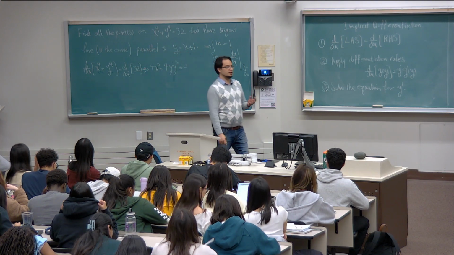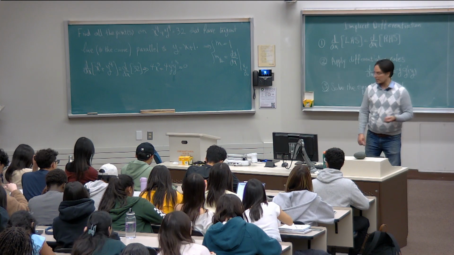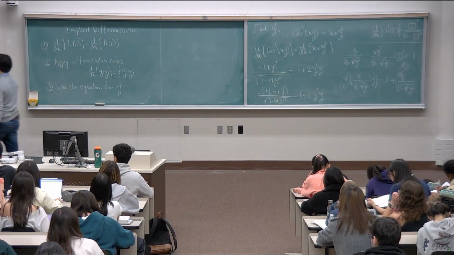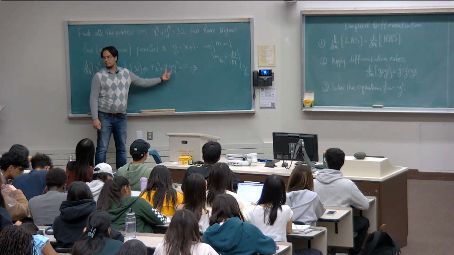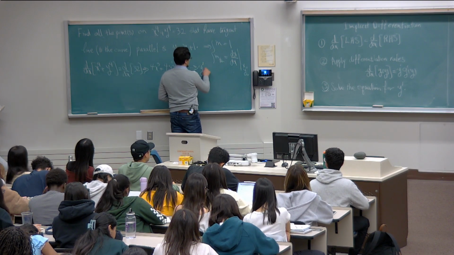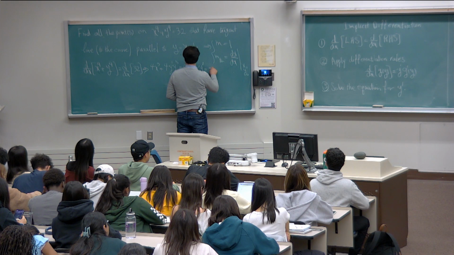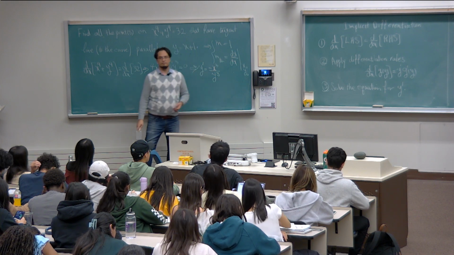When you're differentiating an expression in y, you have to apply chain rule to that. And this tells me that isolating y prime is not difficult here, yes? So it gives us y prime must be equal to negative x cubed over y cubed.